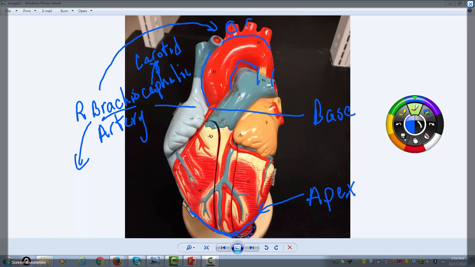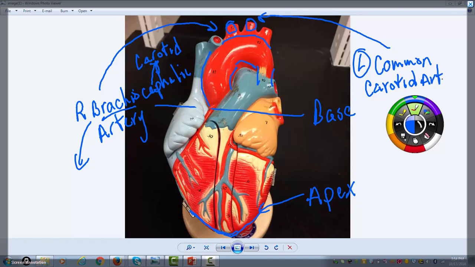Then you have the middle artery here. That middle artery coming off the arch of the aorta is the left common carotid artery.